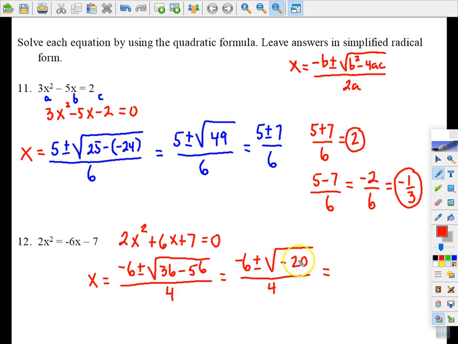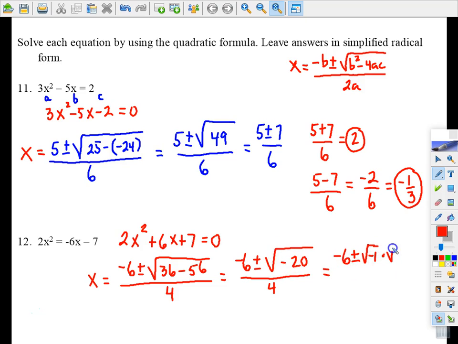Okay, and then we can simplify the square root of negative 20. So remember, now that we know the number i, we're able to simplify these square roots of negative numbers. So I'm going to write this out as factors so you can see how I got the simplified radical form. So using factors to represent the square root of negative 20, I'm going to use the square root of negative 1 to make it negative.